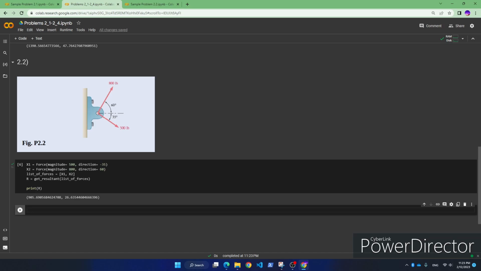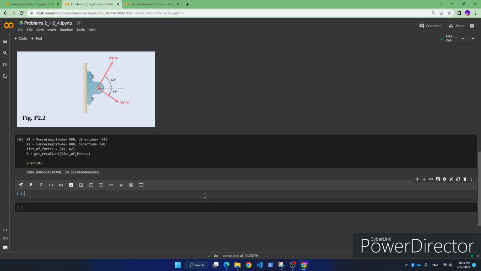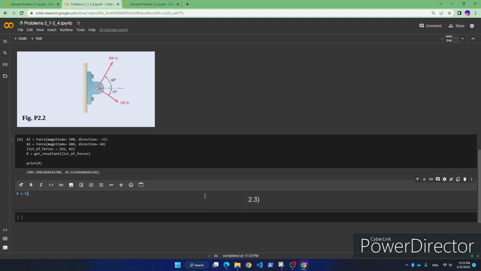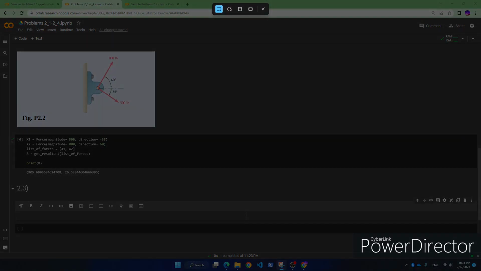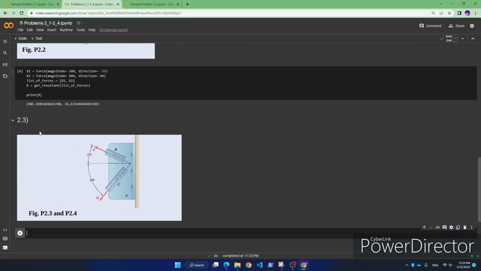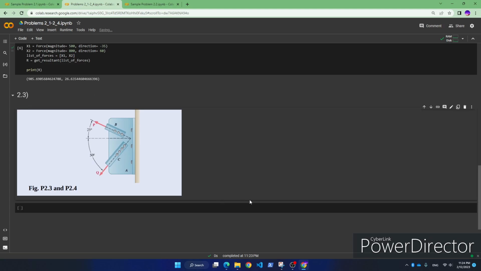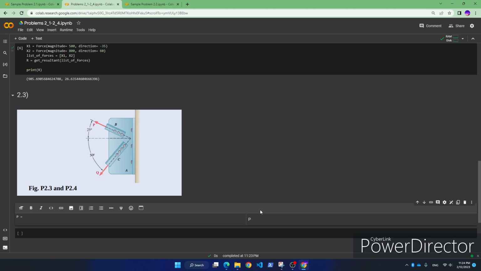Okay, so for the next one, we have 2.3. So both 2.3 and 2.4 use the same image. So basically for 2.3, P is 10 kilonewtons and Q is 15 kilonewtons.